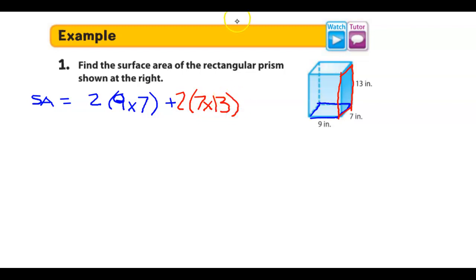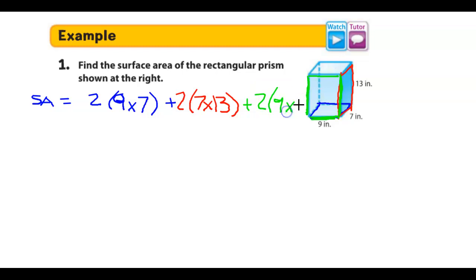And then we're going to add in the 2, and this time we're going to do the front or the back. Now the front of this would be 9, and the height is 13, and I know that because they're telling me that over here. Okay, so we've got the front and the back, which would be 9 times 13.